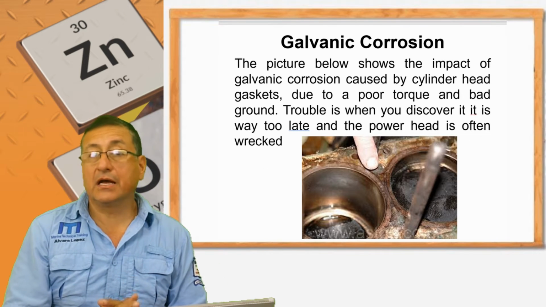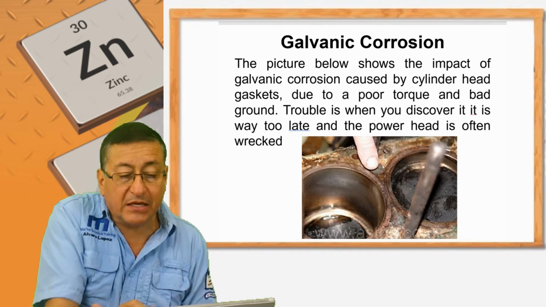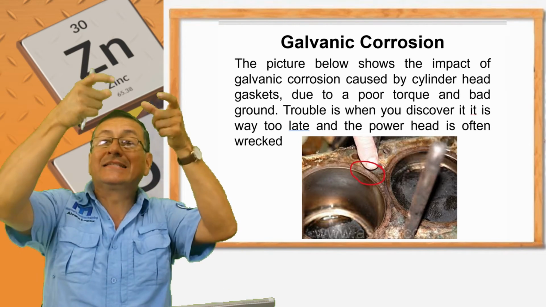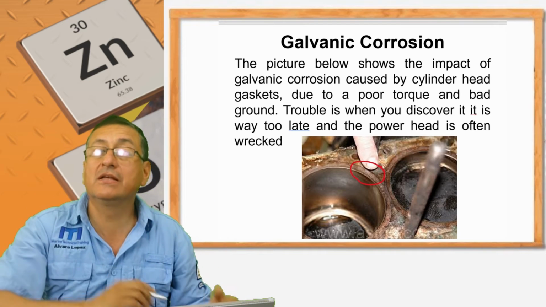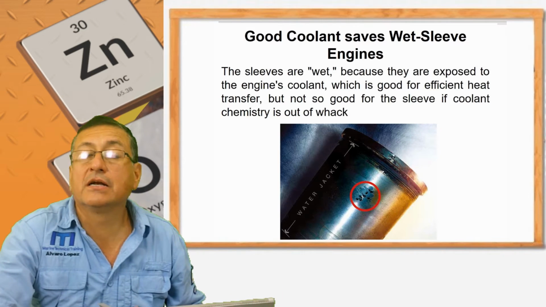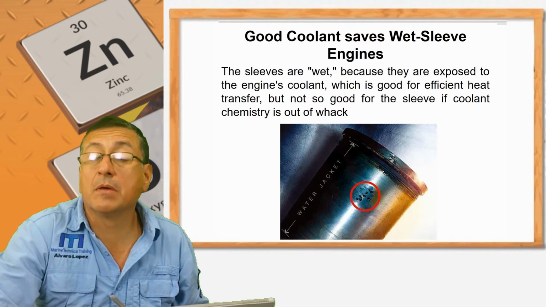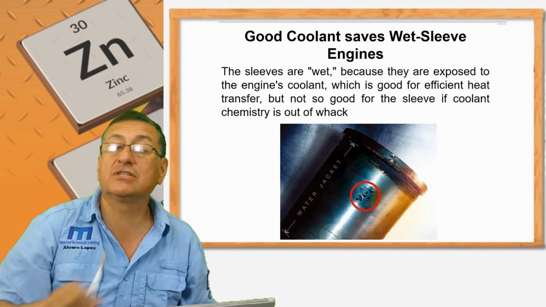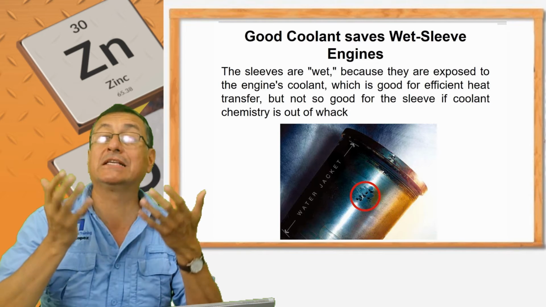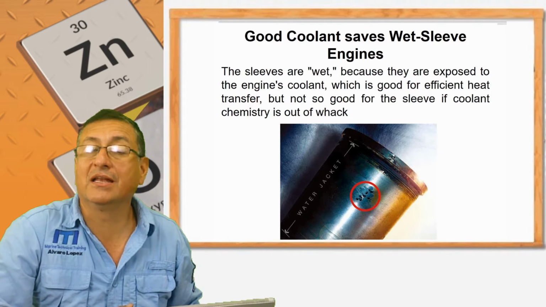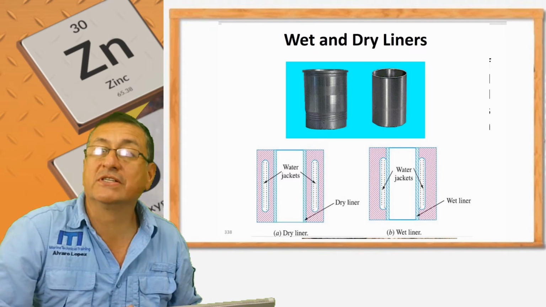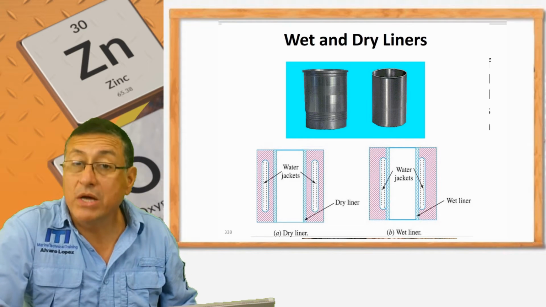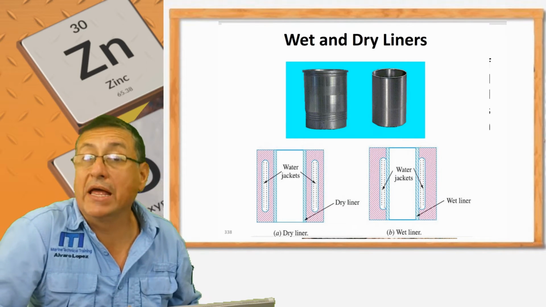Yes, my friend, this is a good example. In this particular case, you have the sleeve of the cylinder. The sleeve of the cylinder is a special steel. You remember in our diesel course, we removed the sleeves, we replaced the sleeves, and those sleeves are surrounded by the salt water. You remember there are two types of sleeves, wet and dry. Yes, the wet sleeves are surrounded by coolant.